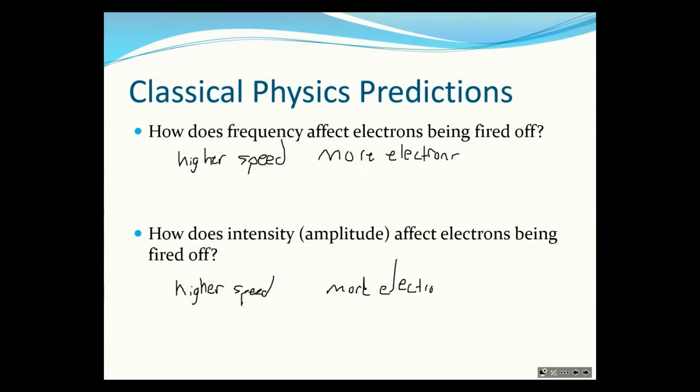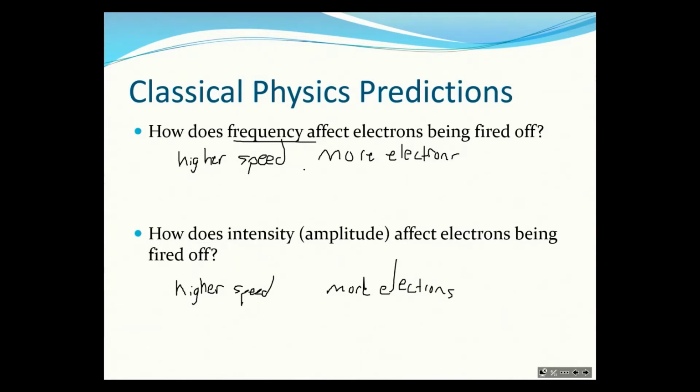Okay, so it looks like increasing frequency or increasing intensity allows us to fire off those electrons at higher speed and have more electrons. And the thing that we saw with the classical physics is no matter what my frequency was, I always got an electron to fly off, right? If it was a super low frequency, it took a really long time, but we still got those electrons to fly off.